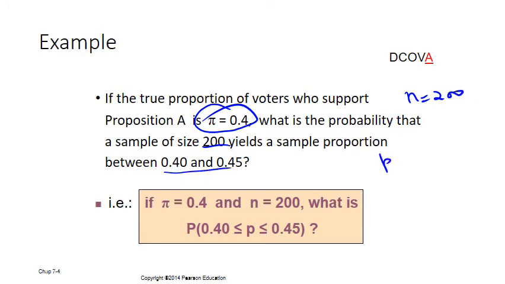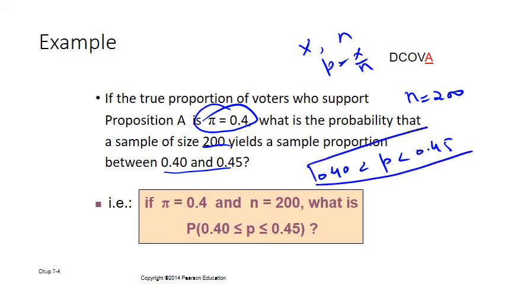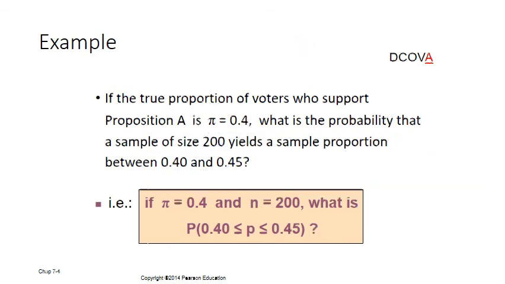As I said earlier, you will sometimes be given p directly to find out, or sometimes you will be given x and n, and then you can find p by using this formula, or you will be given p directly like this. So now we find this probability by converting it into z transform.